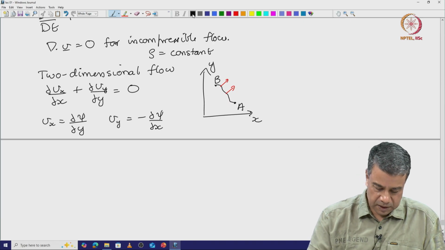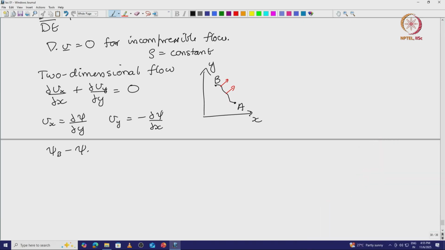Then I showed you that the difference in the stream function between these 2 points is equal to the integral over this path ds, I should be careful here, between these 2 points of n dot the velocity. So, that is the normal component of the velocity.